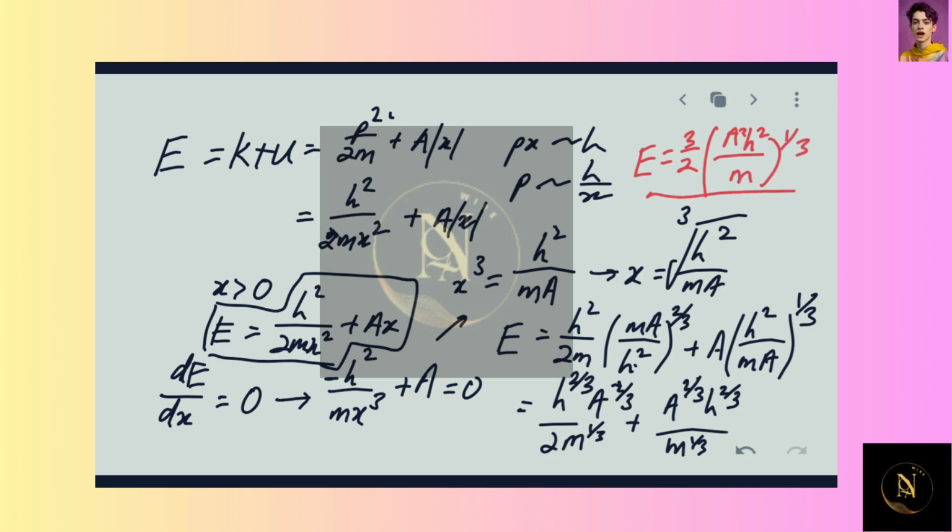So this is our zero point energy. And if we were to consider the negative x part, it will give us the same energy because this is symmetric about 0. Therefore the energy should be the same.